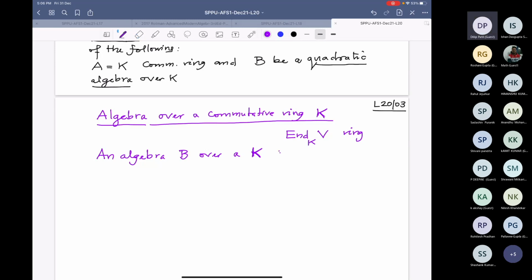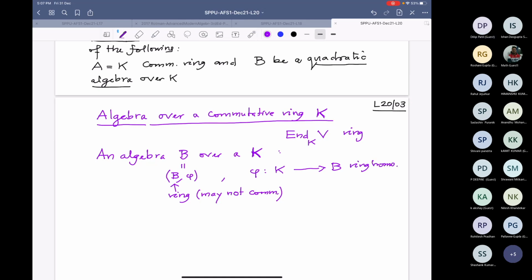One, you define it as a pair (B, phi), where B is a ring, maybe non-commutative, and phi is a ring homomorphism from K to B. And remember, a ring homomorphism will carry 1 to 1, 1_K to 1_B. This is part of the definition of a ring homomorphism.